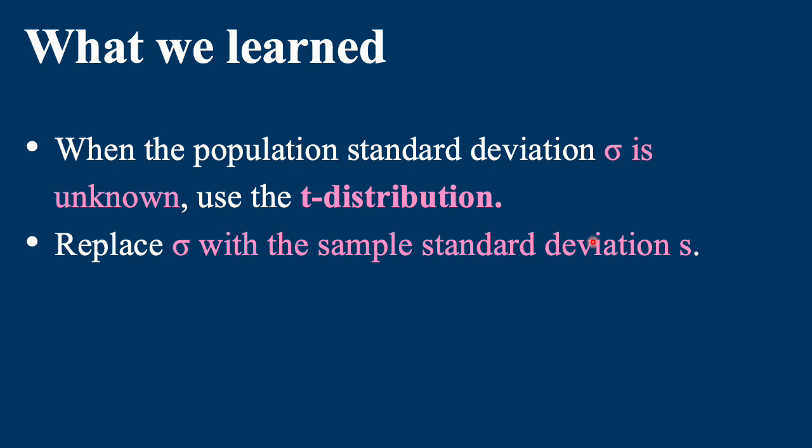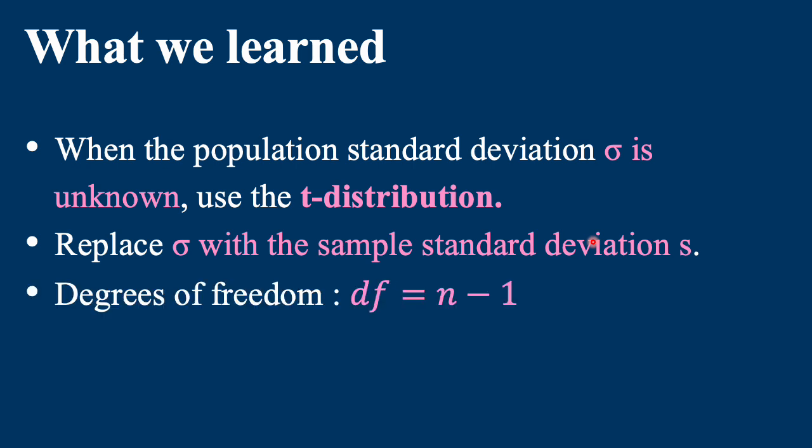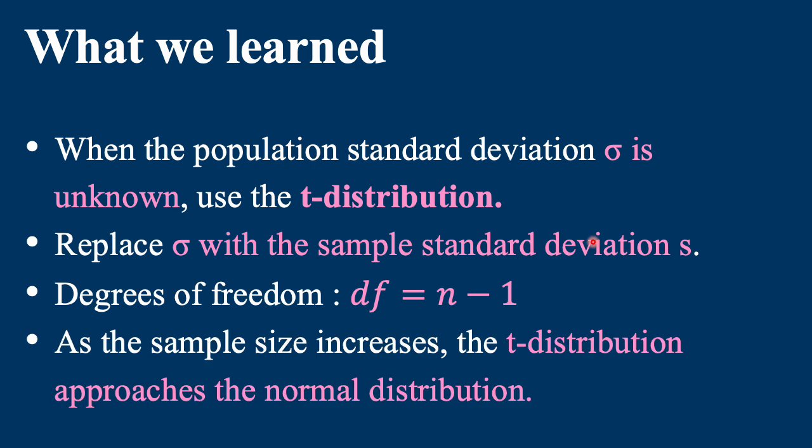Also, if you don't know the population standard deviation, we have to use sample standard deviation. Degree of freedom, how to calculate? n minus 1. n is the sample size, guys, remember that. Then as sample size increases, the t distribution becomes close to the normal distribution.